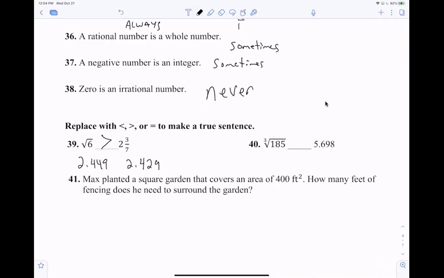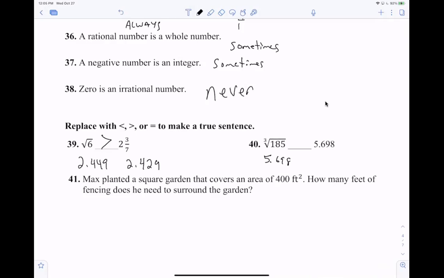Okay, Mackenzie, help me out. Was it 5.698, so it's equal?